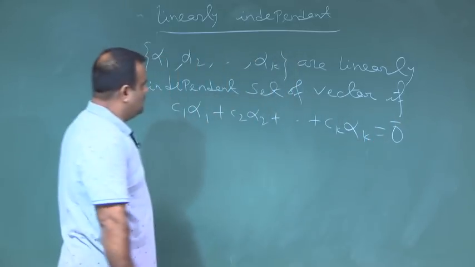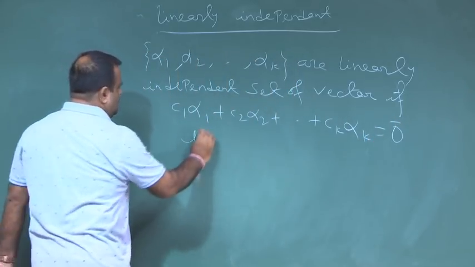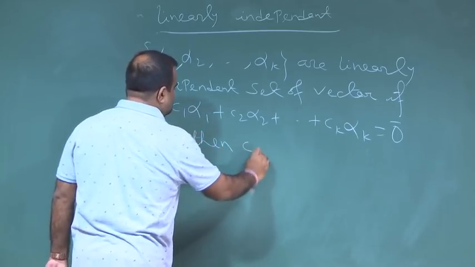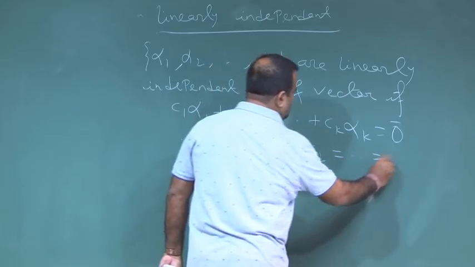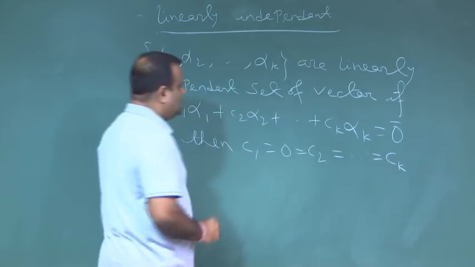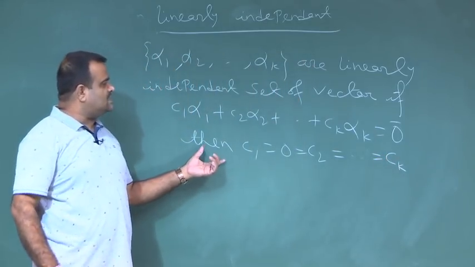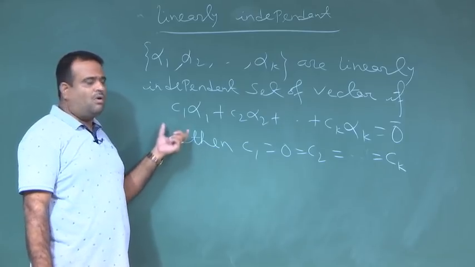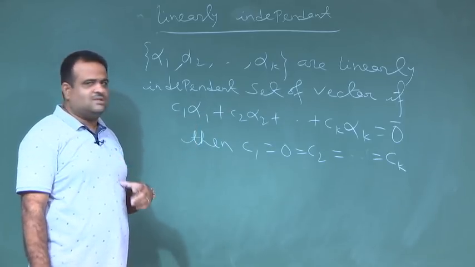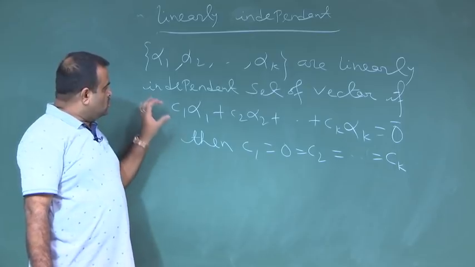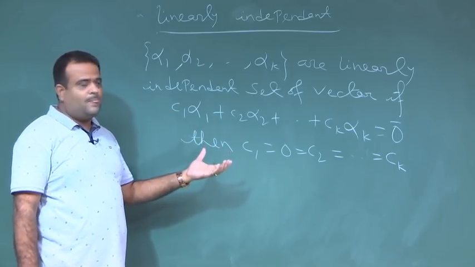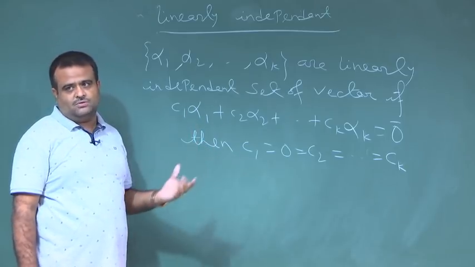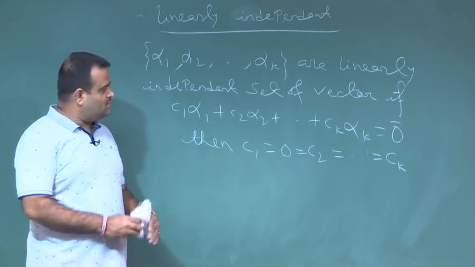is the 0 vector, then all the c i's must be 0. So, there should not exist any non-zero c i for which this linear combination will give us a 0 vector. That means, if any linear combination is a 0 vector, then the coefficients, the scalars, must be 0.